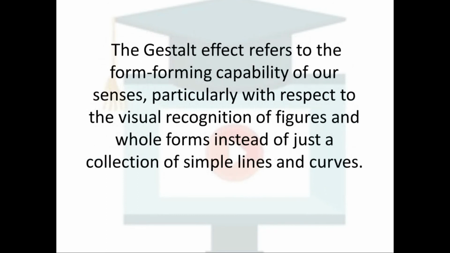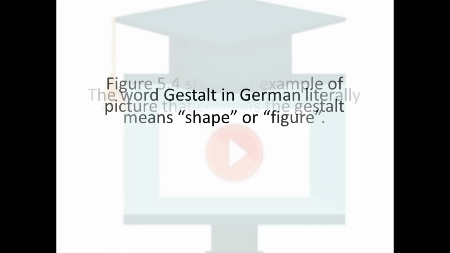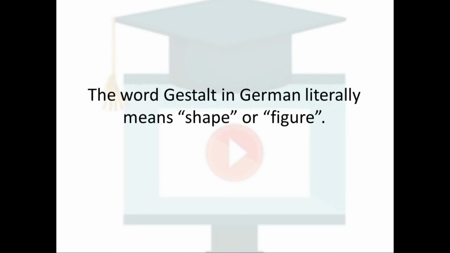The Gestalt effect refers to the form-forming capability of our senses, particularly with respect to the visual recognition of figures and whole forms instead of just a collection of simple lines and curves. Figure 5.4 shows an example of a picture that contains a Gestalt theory. The word Gestalt in German literally means shape or figure.